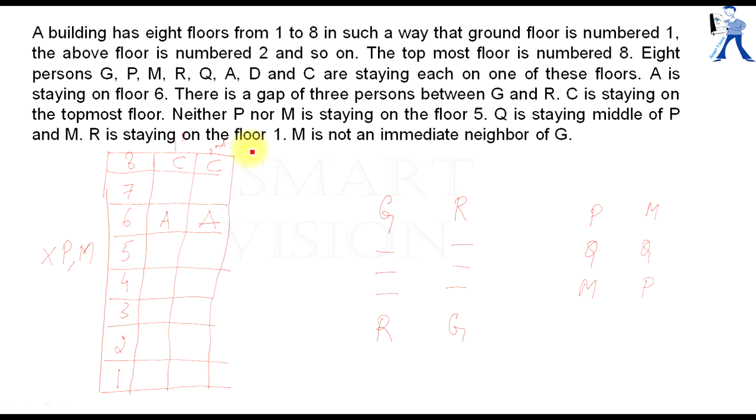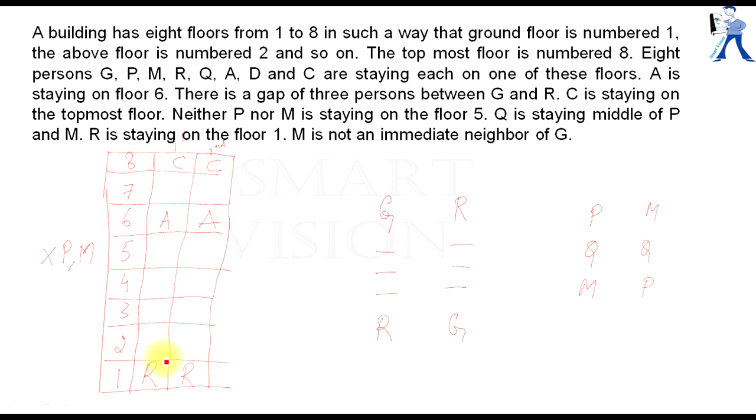R is staying on the floor 1. So okay, R is staying on floor 1. M is not an immediate neighbor of G. Okay, now you come here. We only need 5 places.